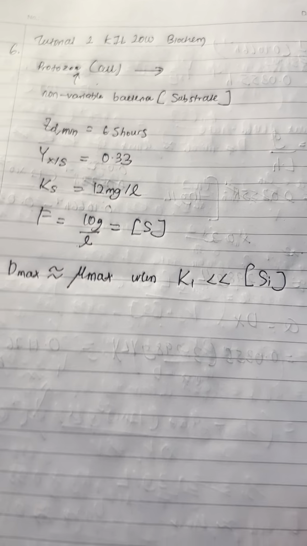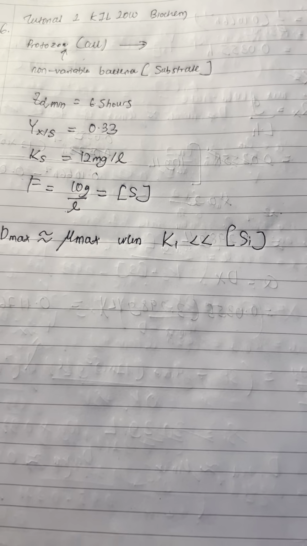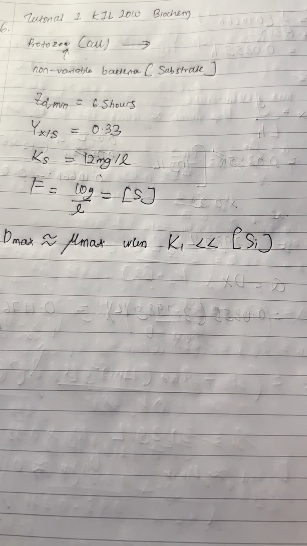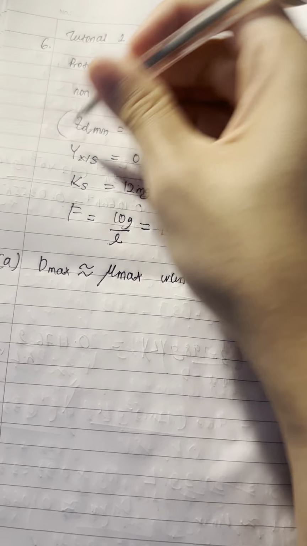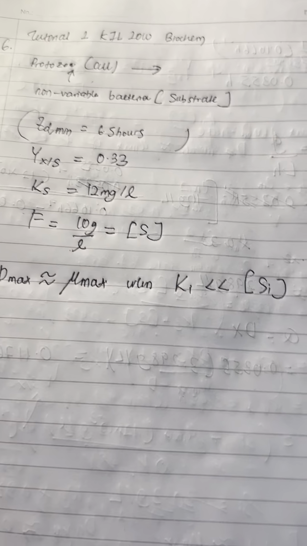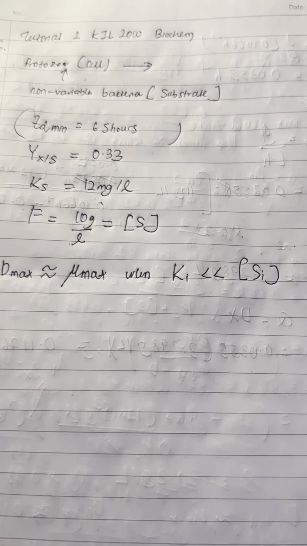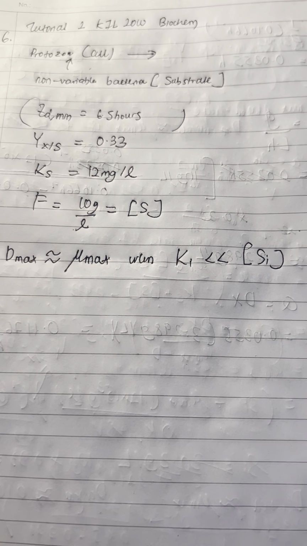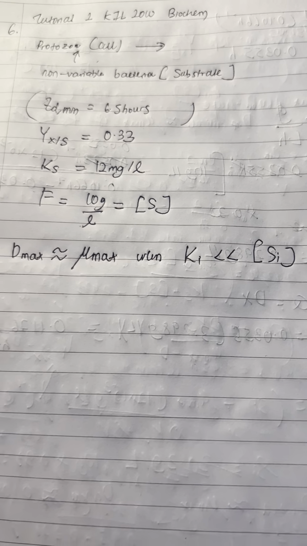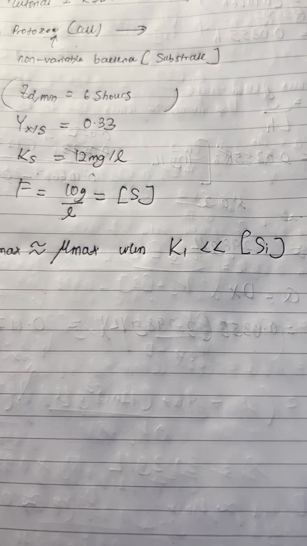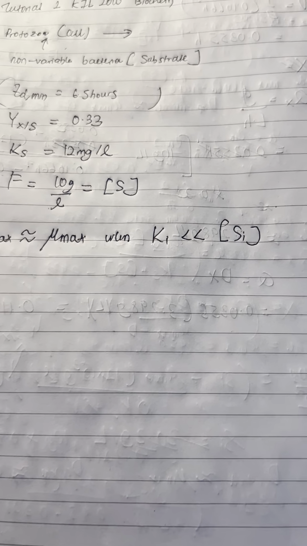The TD of 6.5 hours, the minimum doubling time, is telling you that there is a maximum growth rate.